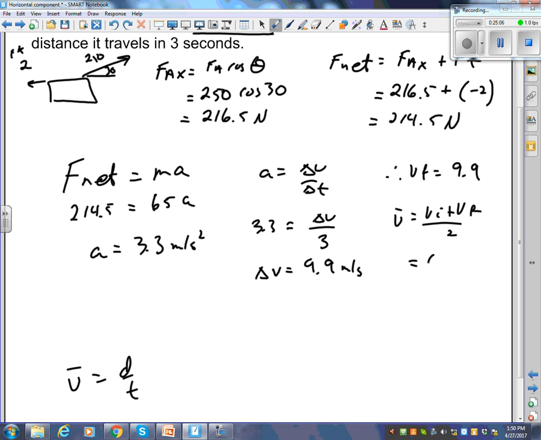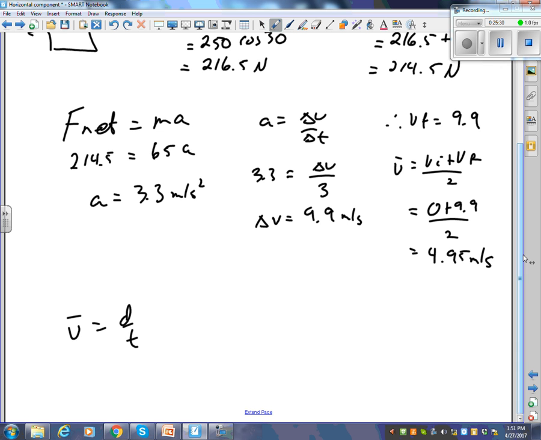Well, that's going to be 9.9 divided by 2, isn't it? 4.95. So that's 4.95 equals D over 3.